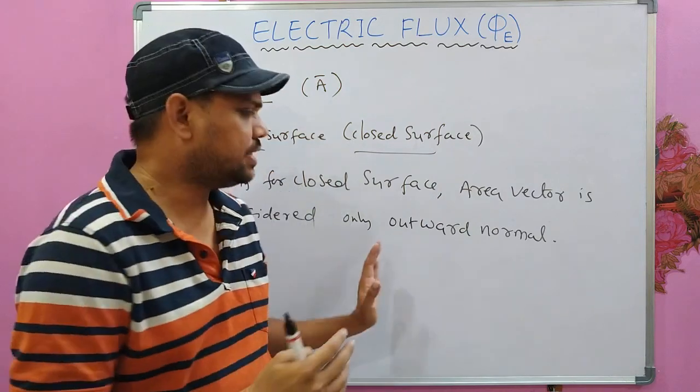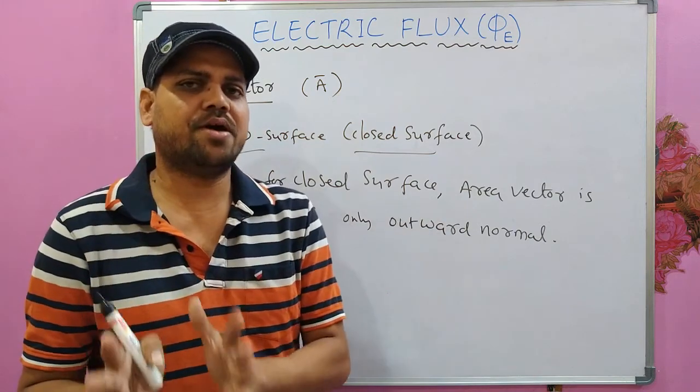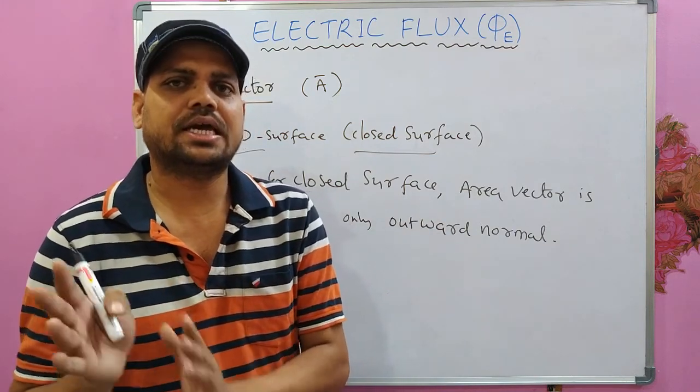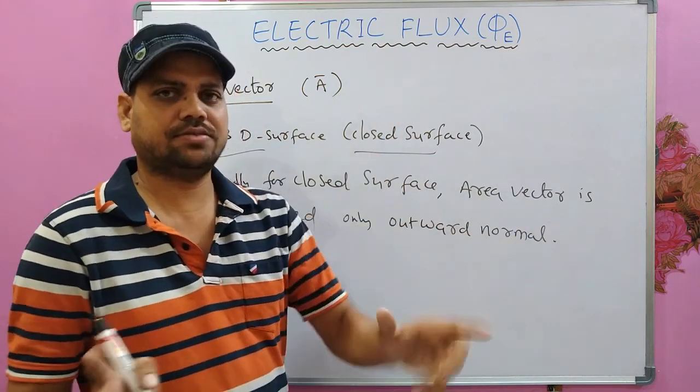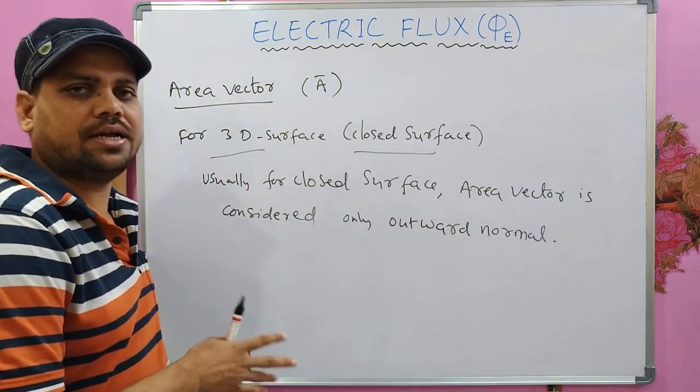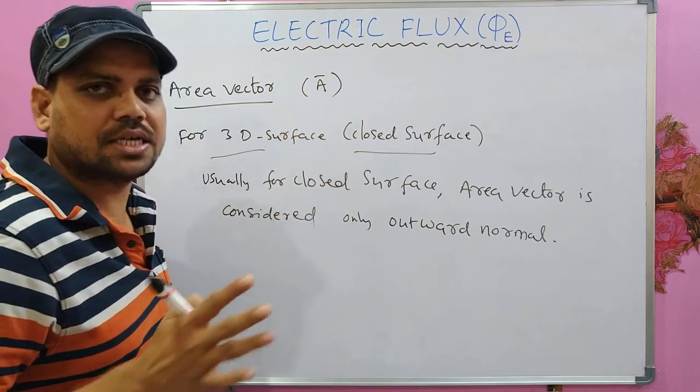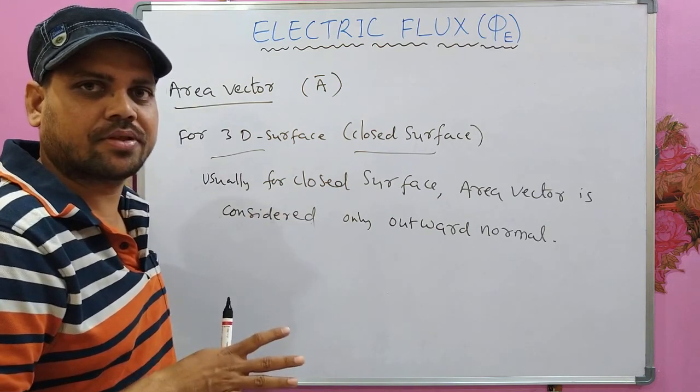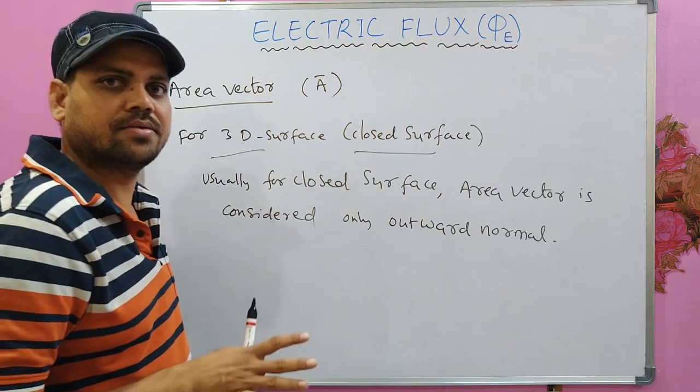Okay, area vector is going to play very important role in the case of electric flux. That is why I have taken this much amount of time to make you understand what is area vector and what is its direction.